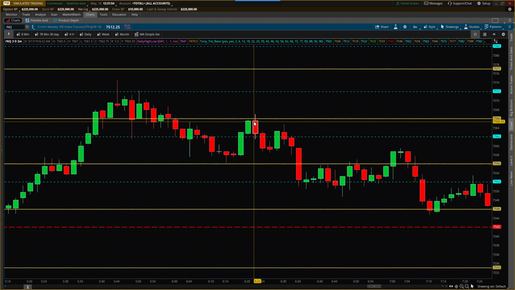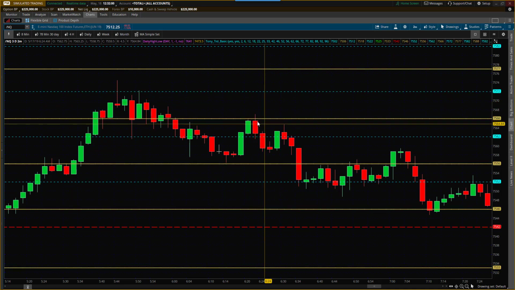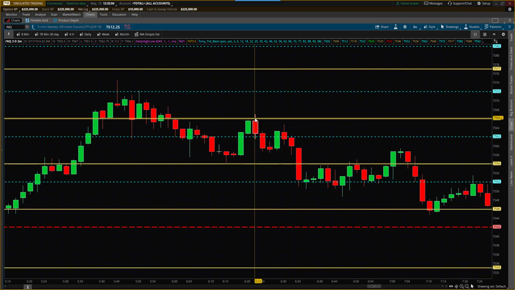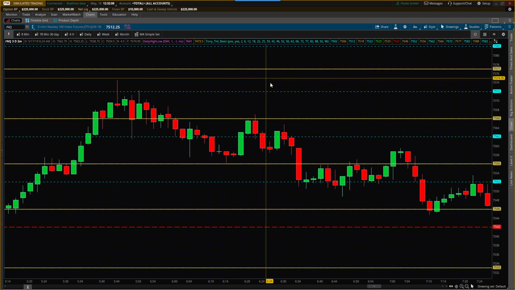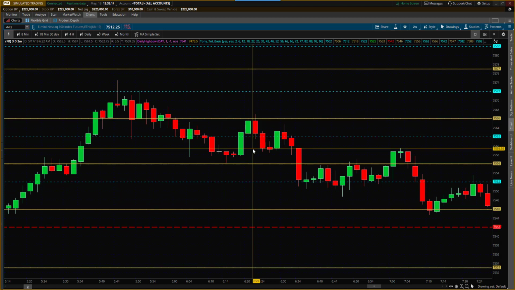So let me just stop there. We wouldn't have taken this long until we had a candle close above the 66, right? We would have waited for that candle close to go long up here. So I'll just stop that scenario.